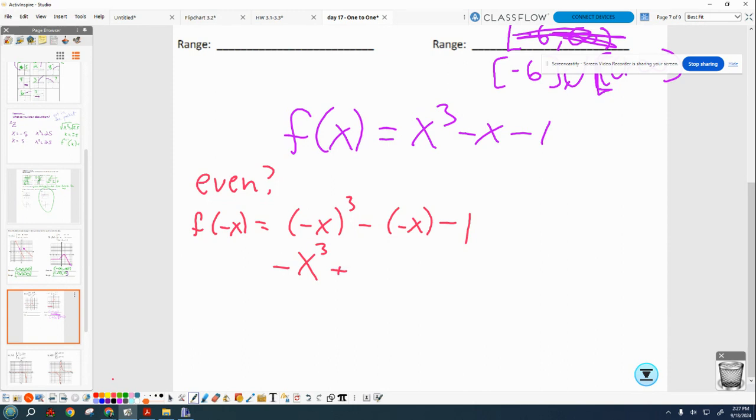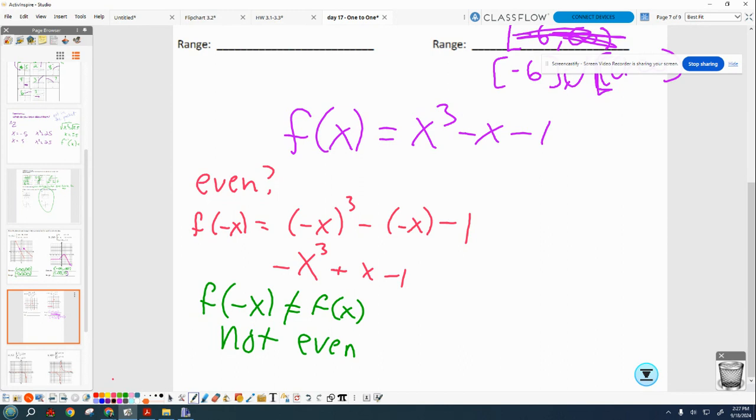Negative x is positive, and that negative one stays. So the test, is it even, is, does f of negative x equal the regular old function? Positive x cubed in the original function, negative x cubed here, not equal, so not even.